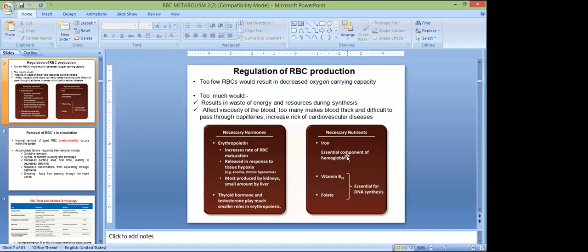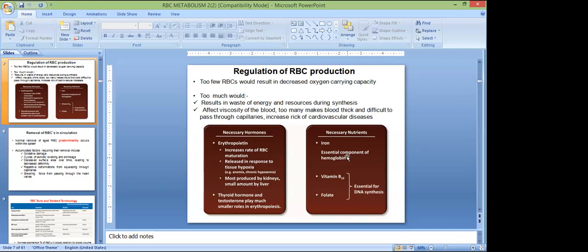For the testosterone, something interesting is that before the discovery of erythropoietin, even ladies who had anemia and were not responsive to things like iron and vitamin B12 would be given testosterone injections, because testosterone also stimulates RBC formation.